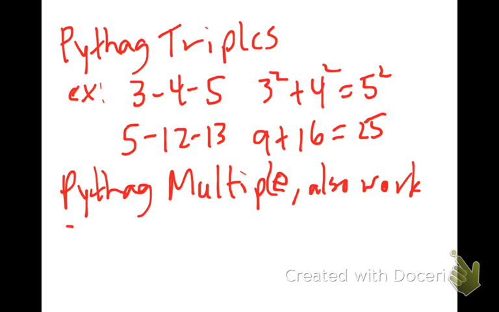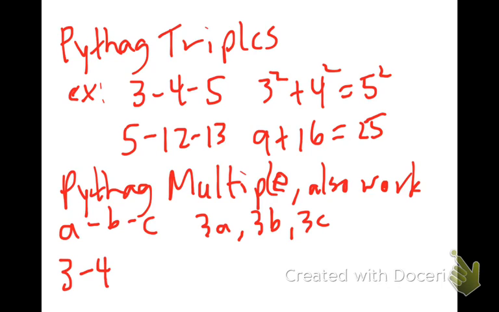So like if I have A, B, and C, and I take 3 times A, 3 times B, and 3 times C, if I did the Pythagorean theorem on those numbers, they would work as well. For example, if we take the combination of 3, 4, 5, and we multiply it by 3, we have 9, 12, 15.